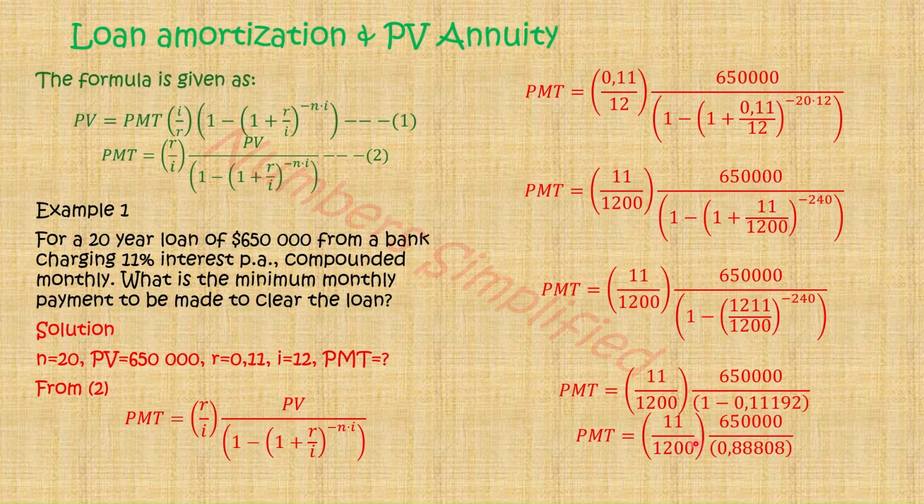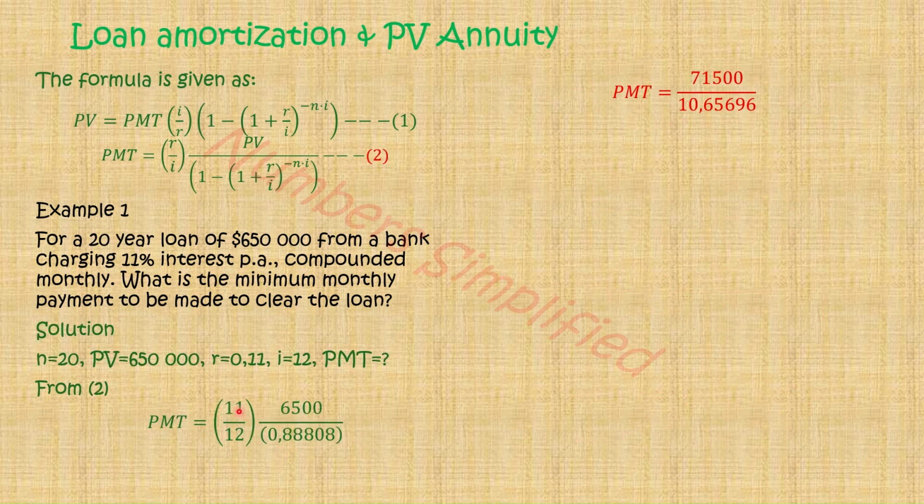Then we've got two fractions multiplying each other. As we recall, when multiplying fractions, we multiply the numerator with the numerator and the denominator with the denominator. But before we do that, we see that in the denominator of the first fraction we've got 2 zeros, and we also have 2 zeros in the numerator of the other fraction. So we can clear the zeros and simplify our fractions to be 11 over 12 times 6,500 over 0.88808.